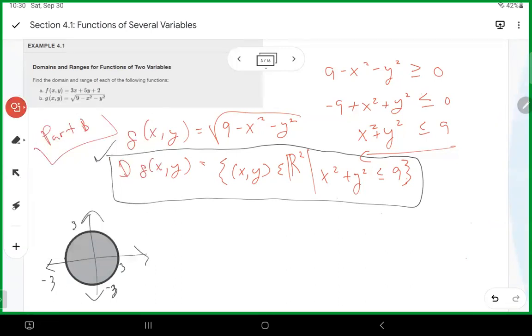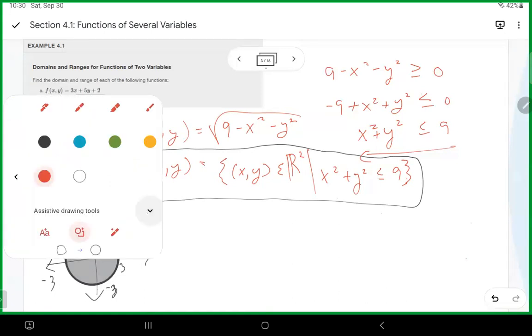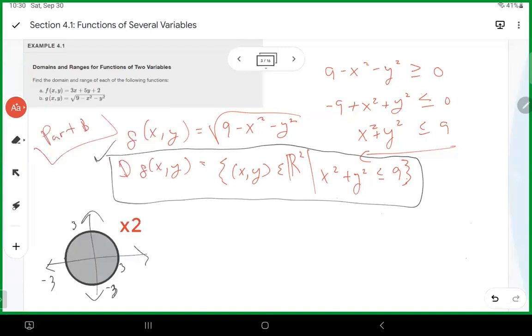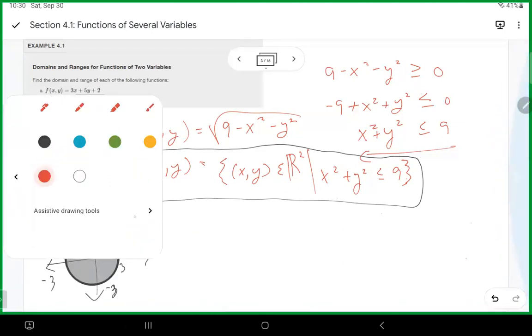Okay. So then that darker shaded area is x squared. Oh, it's going to keep doing it. Oh, I'll turn that off. I do not like that. Okay, how do I get this to go away?